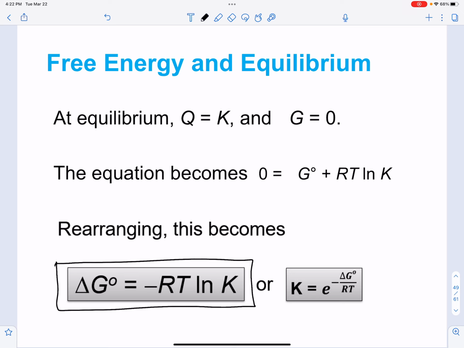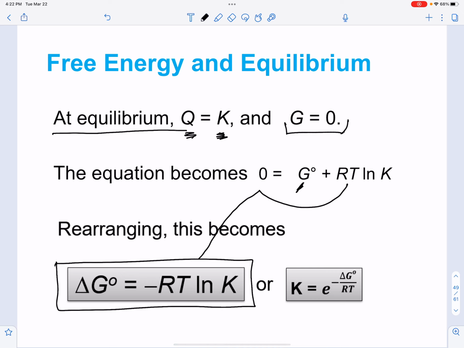So once more, a quick summary. At equilibrium, Q is going to be equal to K. Therefore, the Gibbs free energy total value is going to be 0, which means you can say that G standard is going to be equal to minus RT ln K. And if you do that, you can use your algebra to find your K. So this is an excellent way to find an equilibrium constant if you can calculate delta G standard and you know the temperature.